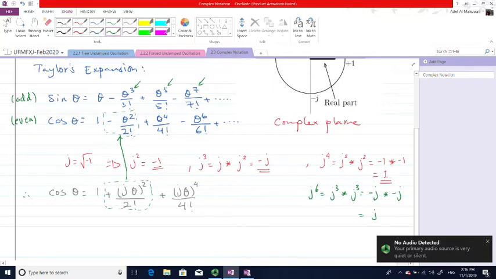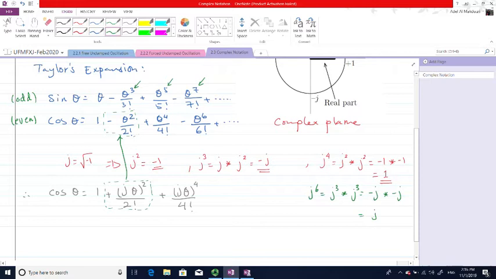Minus j multiplied by minus j is j squared, and j squared is minus 1.